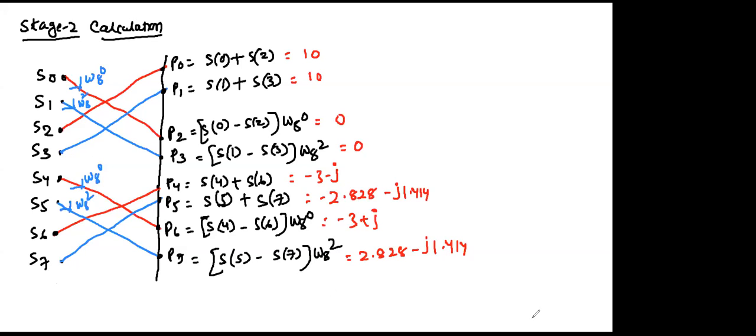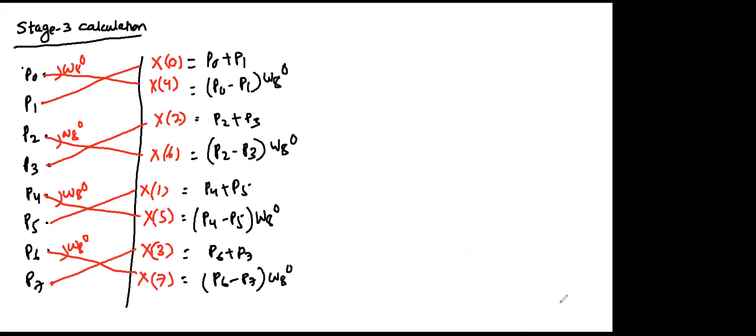Then go to stage 3. I will write the final output. Now this stage 2 output becomes the input to stage 3. Finally, you will get capital X of 0 is 20. This is 0. This is 0. This is 0. This is minus 5.828 minus j 2.414.